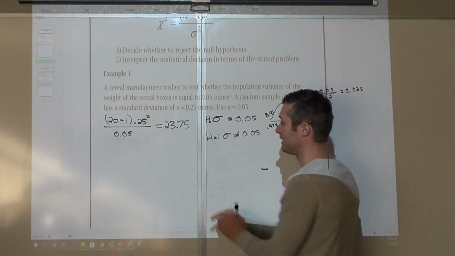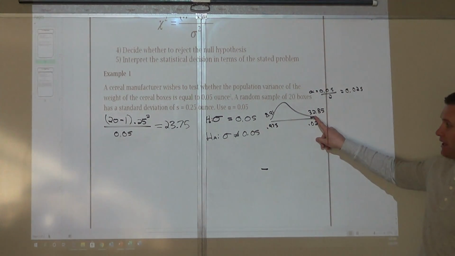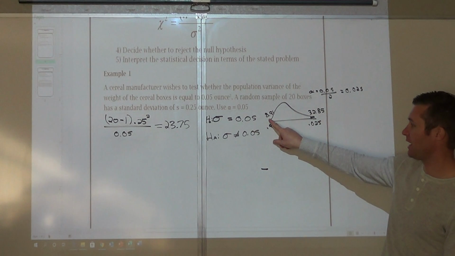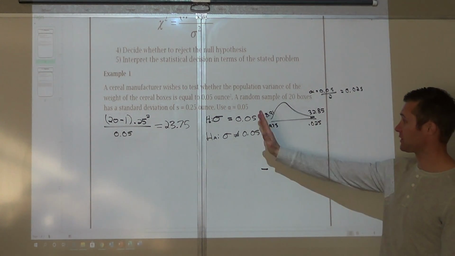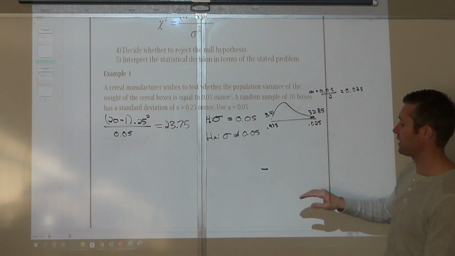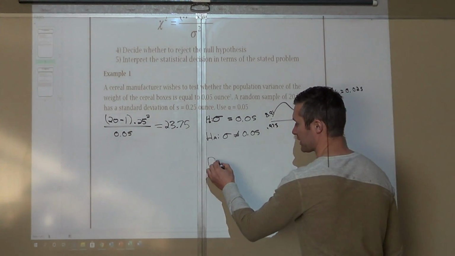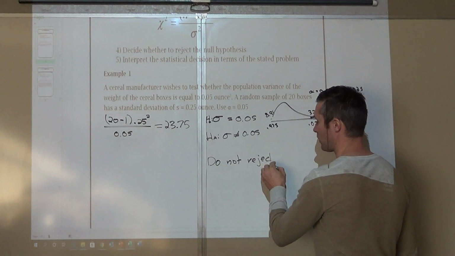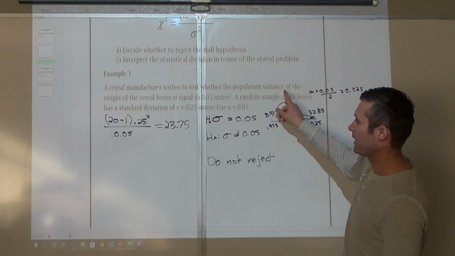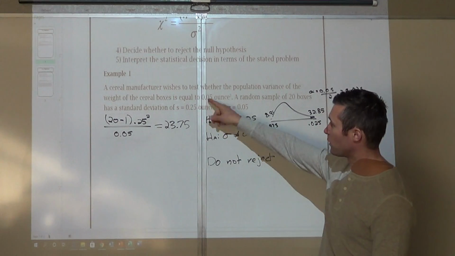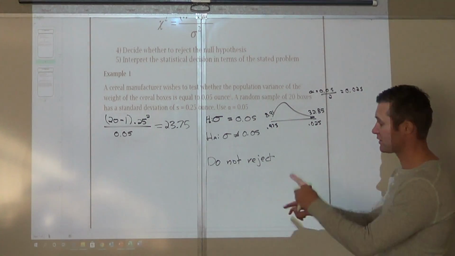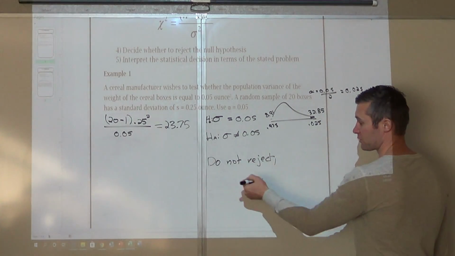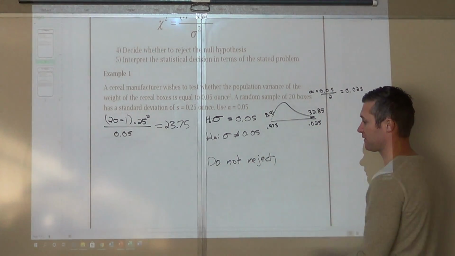So I compare it. Is this value bigger than 32.85? No, it's not. Is this value smaller than 8.91? No, it's not. It's not to the left of the smallest value, and not to the right of the largest one. So we do not reject. Their question was, is it equal to this? Is there a significant difference between our population and our sample? No, there's not. So we do not reject, saying there's no significant difference.